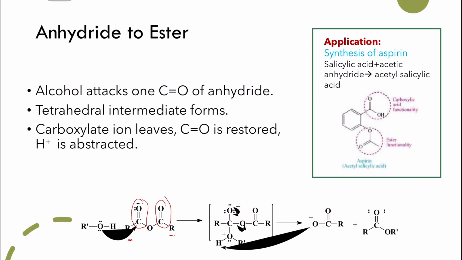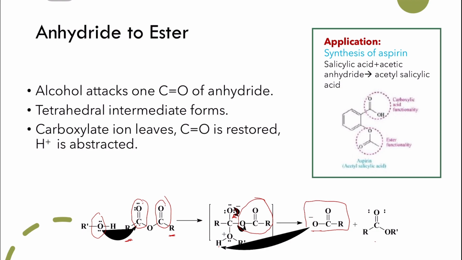The lone pair of electrons on the alcohol acts as the nucleophile and attacks one of the carbonyl groups, and then the carboxylate leaves as a leaving group. In the same way, the oxygen regenerates the double bond, and the proton is subtracted from the carboxylate anion that has been generated. So the end products will be an acid and an ester.